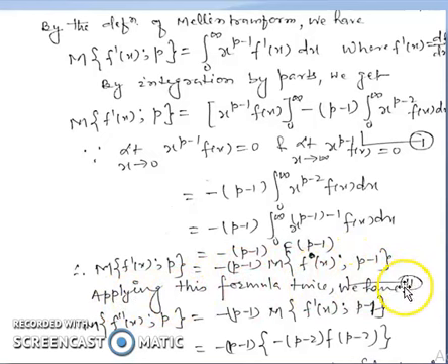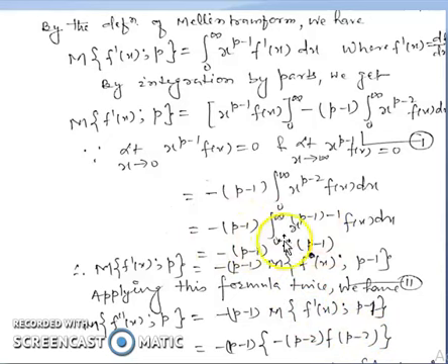This is equation number 2. Applying this formula twice, means again differentiating this part, we get M of f''(x) such that p equals minus (p minus 1) M of f'(x) such that p minus 1, equal to minus (p minus 1) times minus (p minus 2) F of p minus 2.